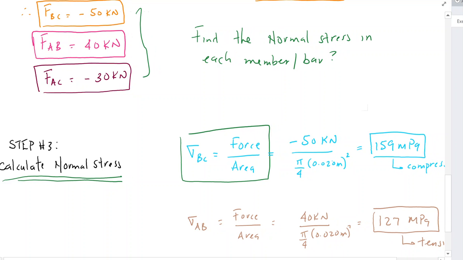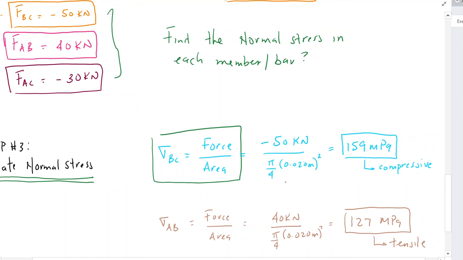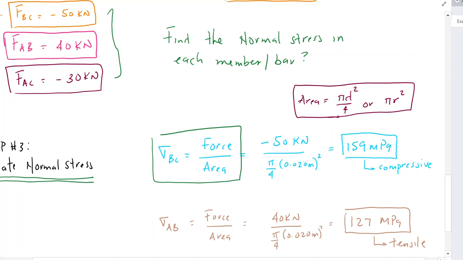And the area, and this is what kind of mixed me up in the past, you can use either pi d squared over 4 or pi r squared. They give you the same thing. But if you use pi r squared and you don't remember to divide your diameter by 2, it will give you an incorrect answer.